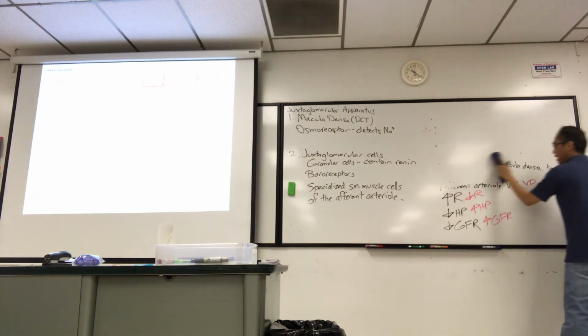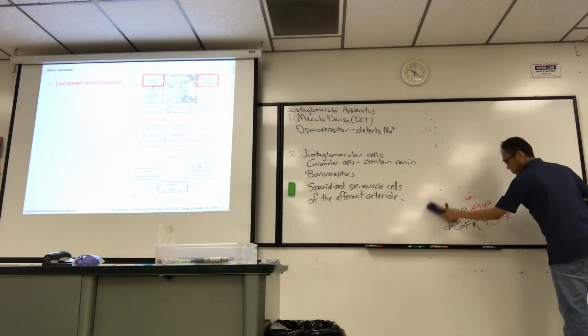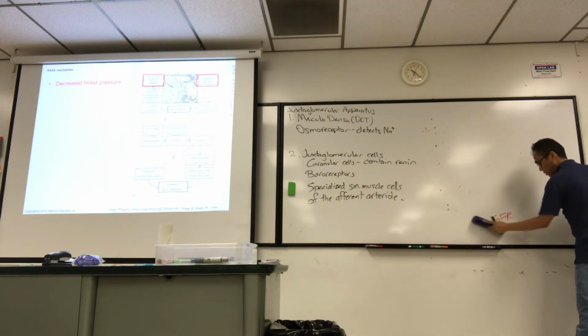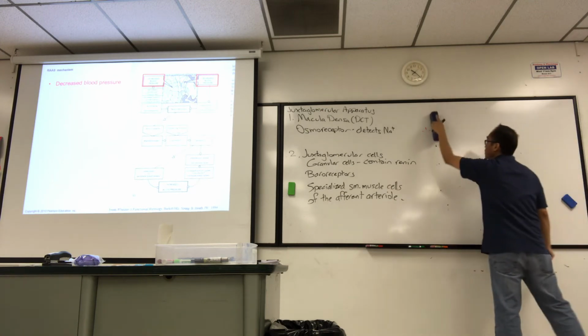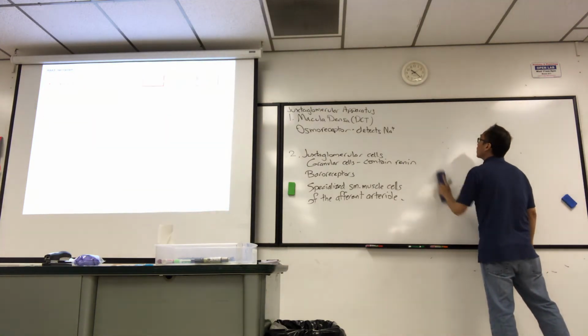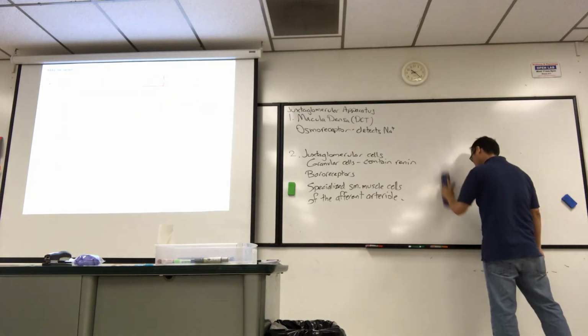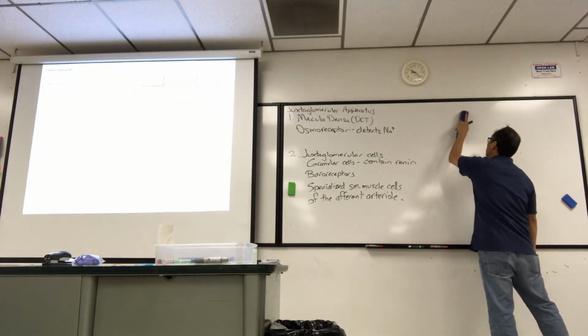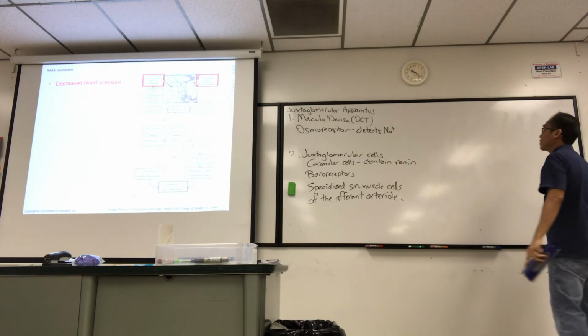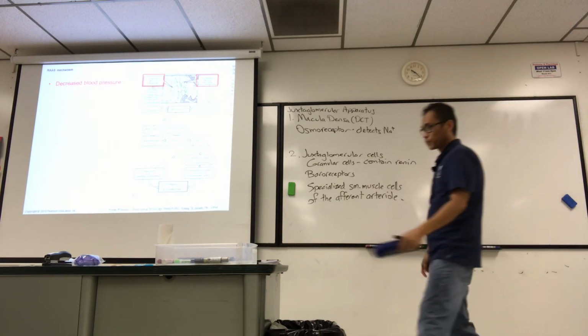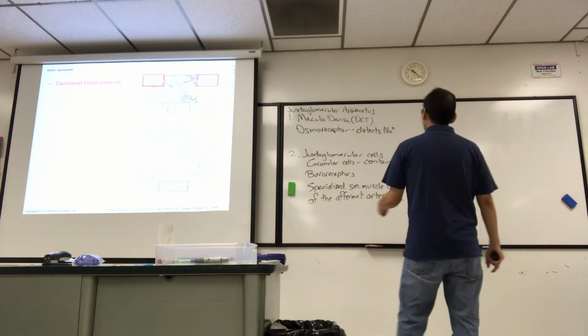So here are the homeostatic imbalances of drop in blood pressure. Decreased blood pressure.